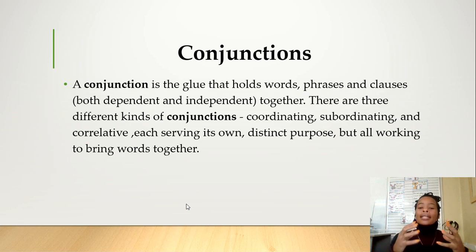A conjunction is the glue that holds the words, phrases and clauses together. There are 3 types of conjunctions. We've got coordinating, subordinating, and correlative. Now these all have their own functions as conjunctions.